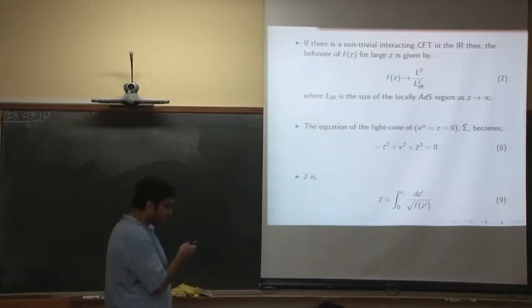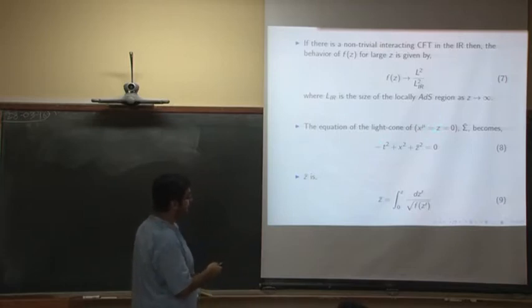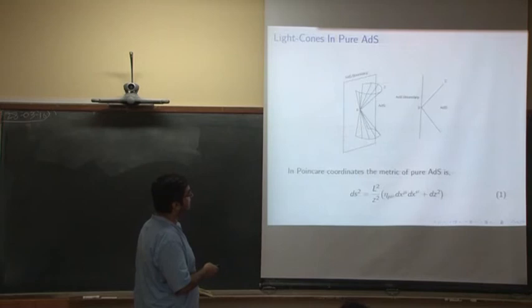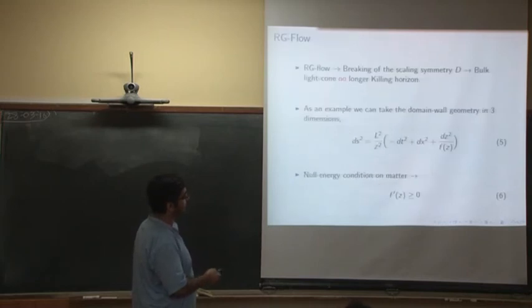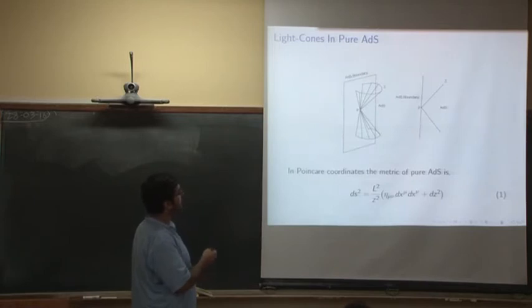So now let's write down the equation of the light cone, or the bulk light cone of this particular point, which is x mu equal to z equal to 0. I forgot the definition of f(z). Could you go back? Yeah, so f(z) is just this. Okay, fine.